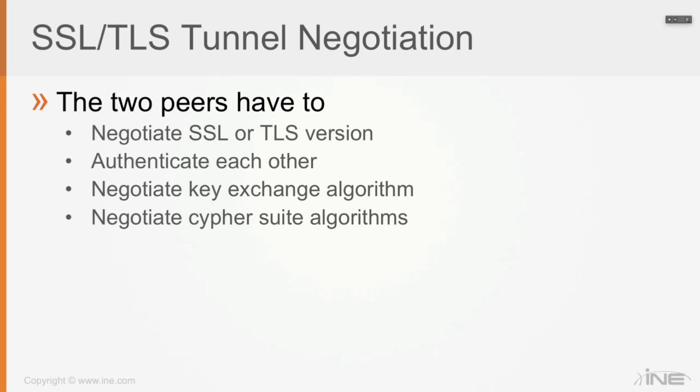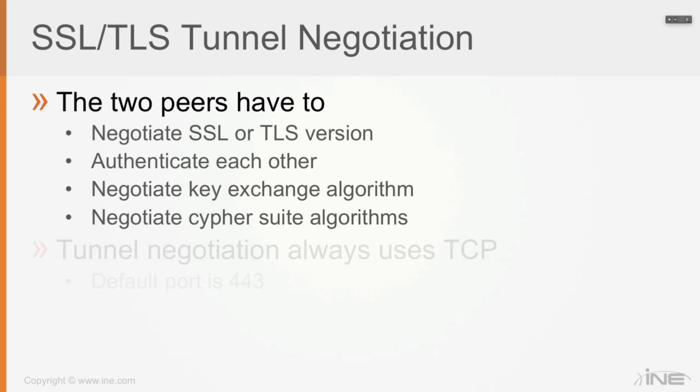They have to negotiate the key exchange algorithm, like in the case of IPsec, where the key exchange was done through the Diffie-Hellman asymmetric algorithm. In SSL or TLS, we have additional capabilities. And they also negotiate the cipher suite algorithms, like in IPsec VPNs, so we negotiate encryption algorithms, DES, triple DES, or hashing algorithms.